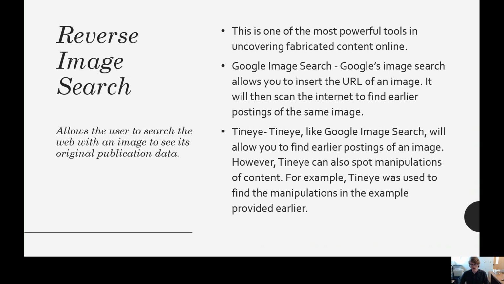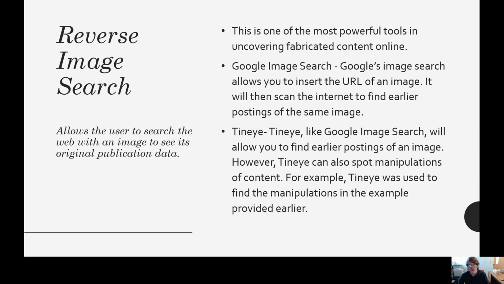All right, and as far as our own personal debunking, the reverse image search is probably the most powerful tool. This allows the user to search the web with an image to see its original publication data. So what you can actually do is upload a URL or a JPEG, and you can see where that occurs online. The two most popular ones are Google Image Search, which allows you to insert the URL.